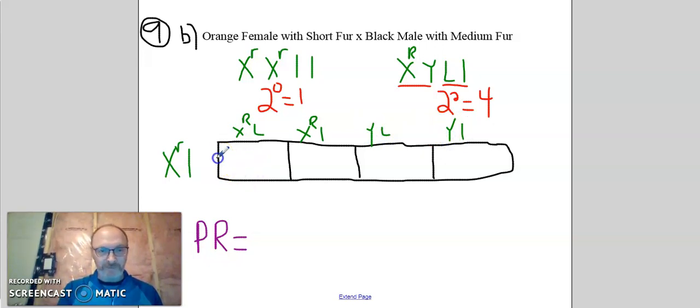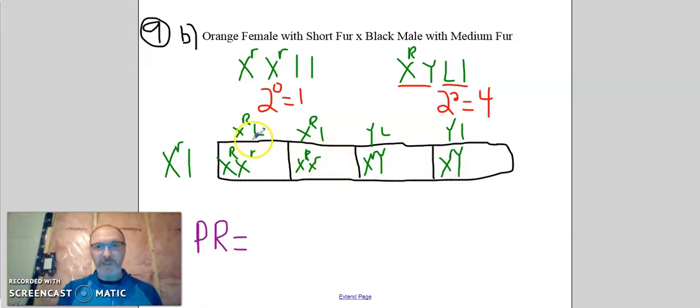So all we now have to do is fill that in. Let's do the sex chromosomes first. X big R, X little r here, X big R, X little r, X little r, and Y, and then X little r with a Y again.